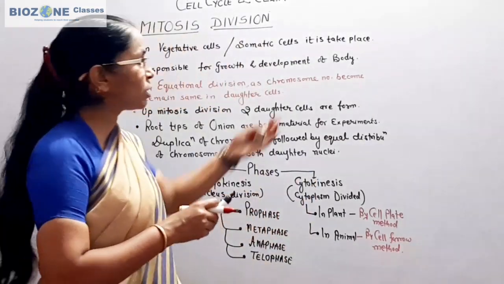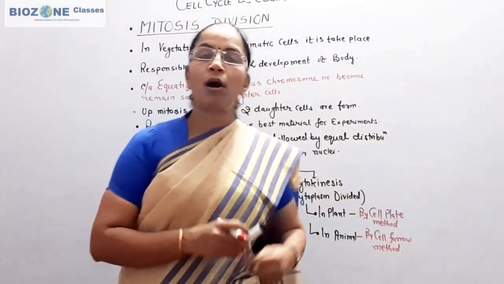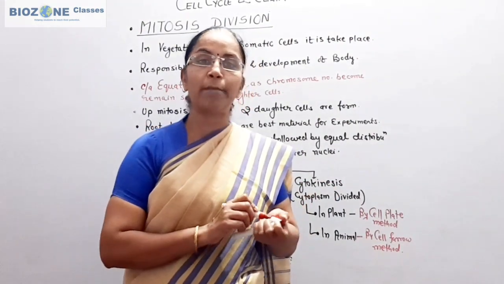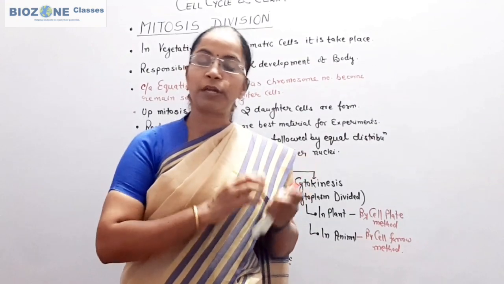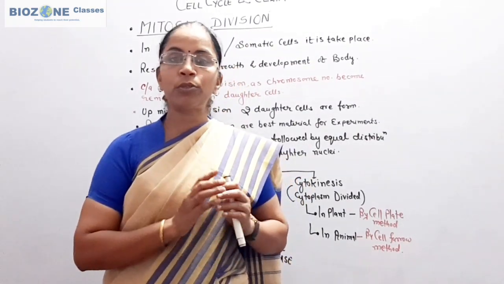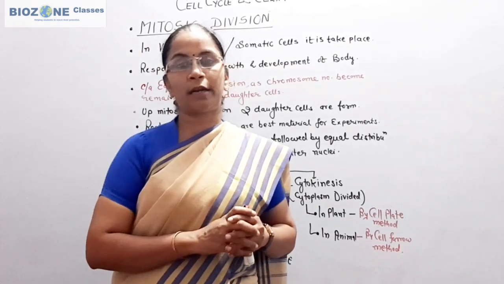Now यहाँ पे just first we discuss how the diploid or haploid both the cells can undergo mitosis. Because when we study meiosis, in meiosis you remember, only diploid cells undergo.